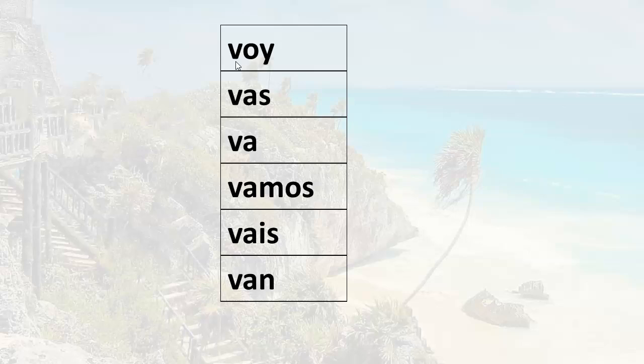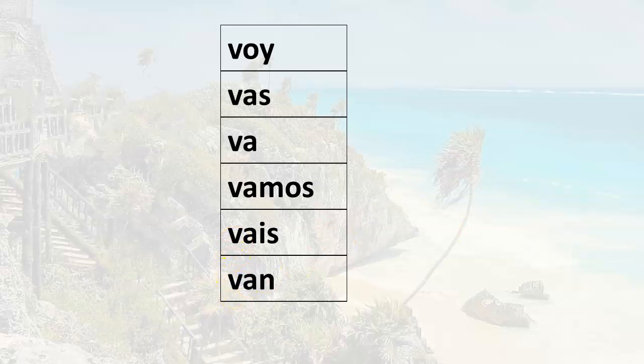It sounds a lot like the English word boy, B-O-Y. It's a little bit softer. So again, if it's the initial sound, you'll hear it closer to an English B. So boy, vas, va, vamos, vais, van.